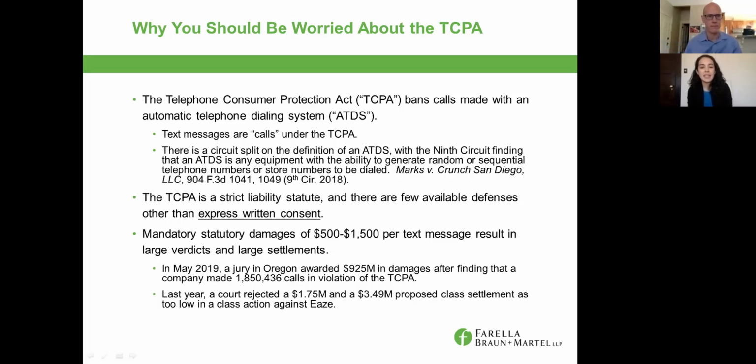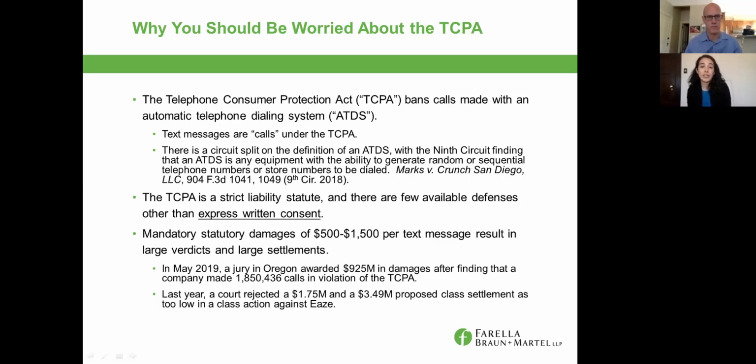Last year, Ease Solutions, which is an application that allows individuals to order cannabis through their phones, was sued under the TCPA. They attempted to reach a settlement with the plaintiffs and initially settled for $1.75 million, which would have equated to $25 per text message for members of the class.